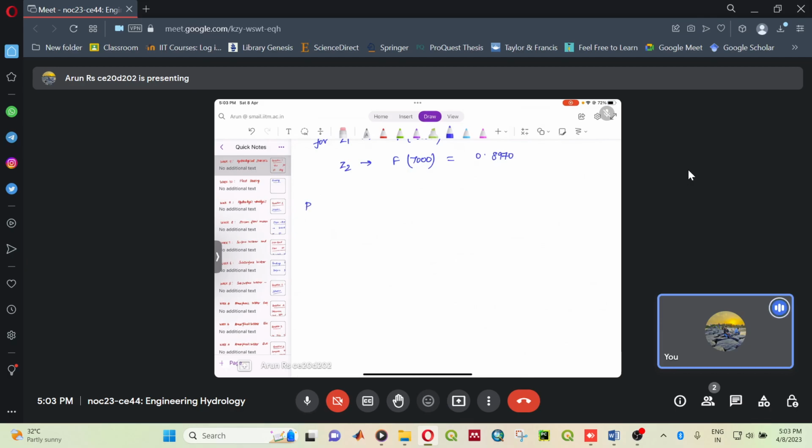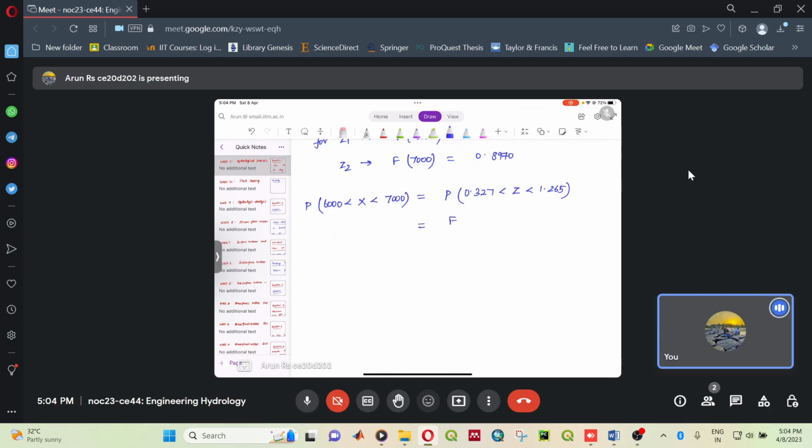So your probability of X lying between 6000 and 7000 can be written like this now. Probability that Z lies between 0.327 and 1.265.